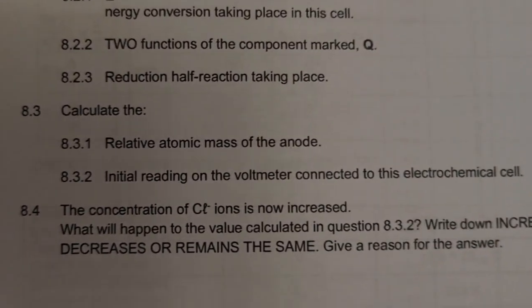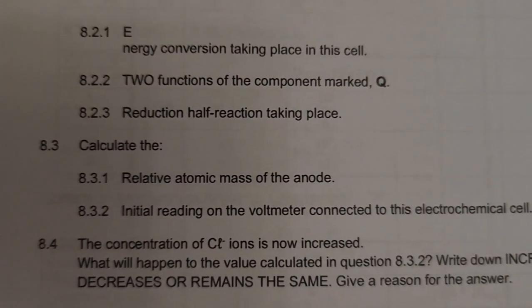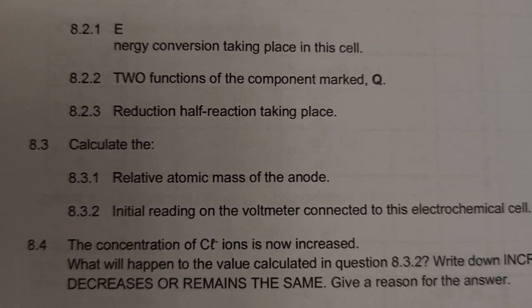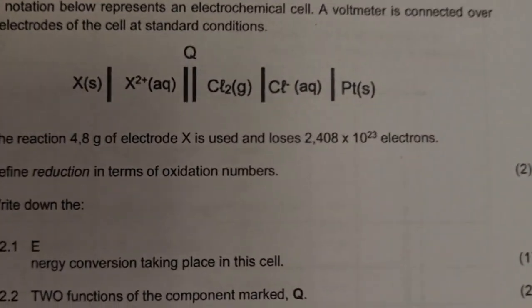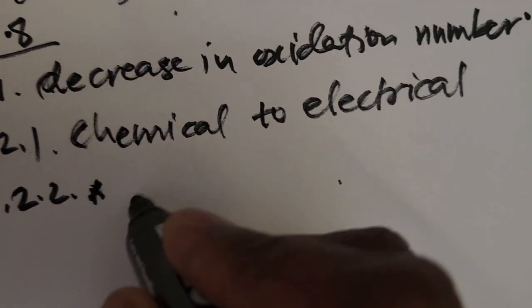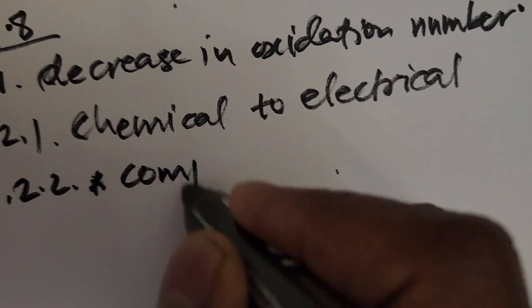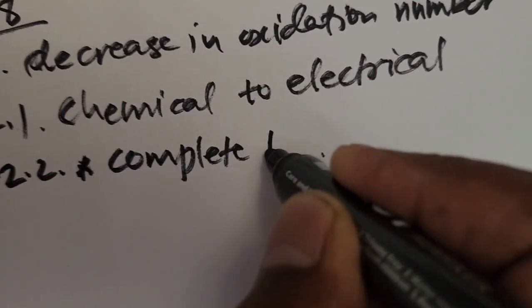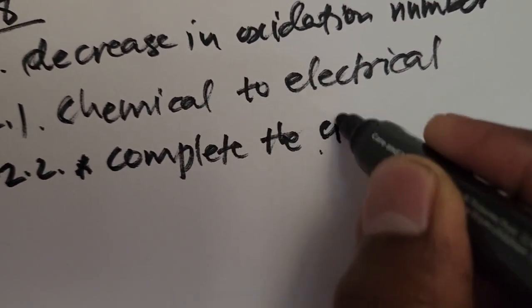8.2.2. They are saying to us now, write down 2 functions of the component Q. That is, component Q is the salt bridge. Therefore, write down 2 functions of the salt bridge, which will become simple: complete the circuit. Every learner knows that one.